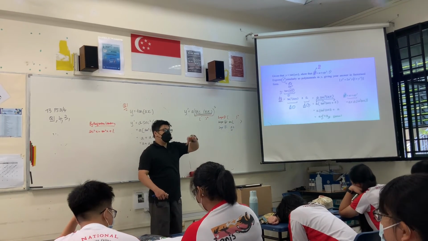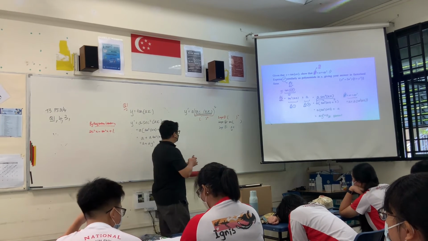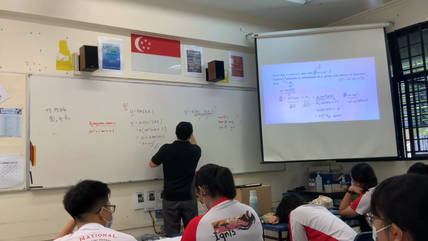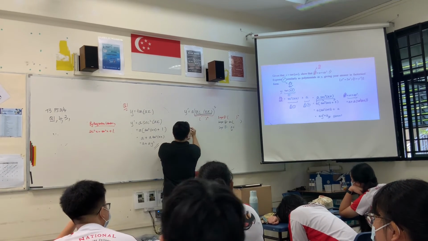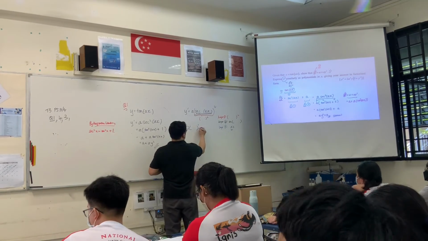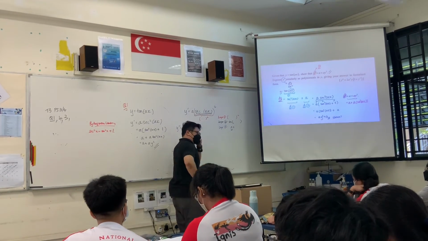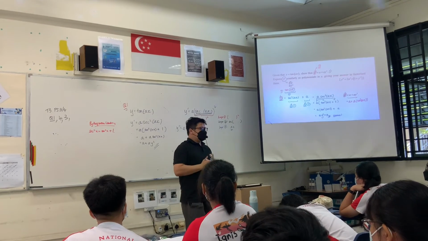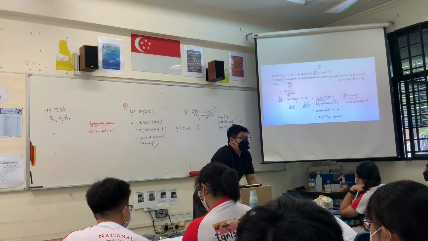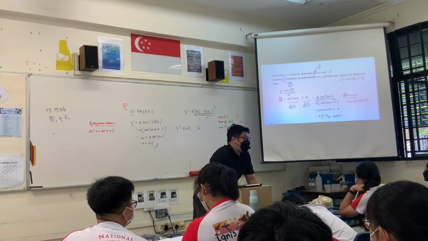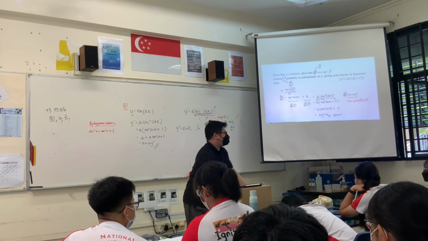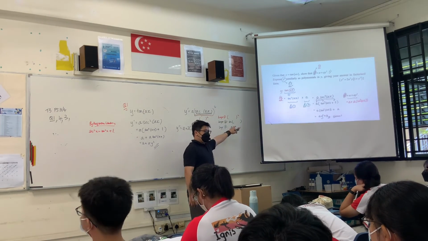So when I differentiate this, I use the chain rule. Layer 1, power goes in front, power drops by 1. Layer 2, differentiating secant, what should I get?